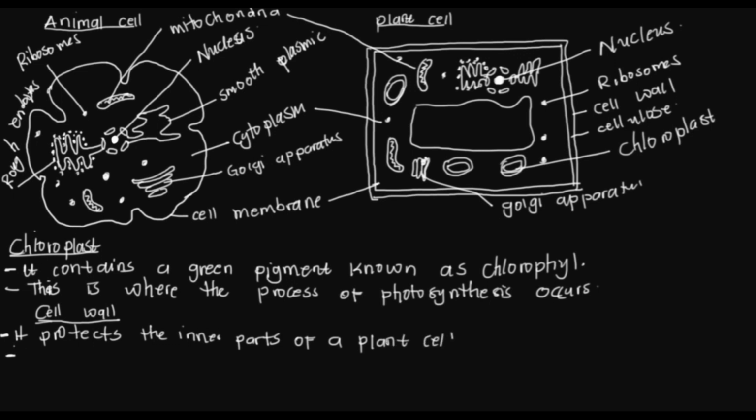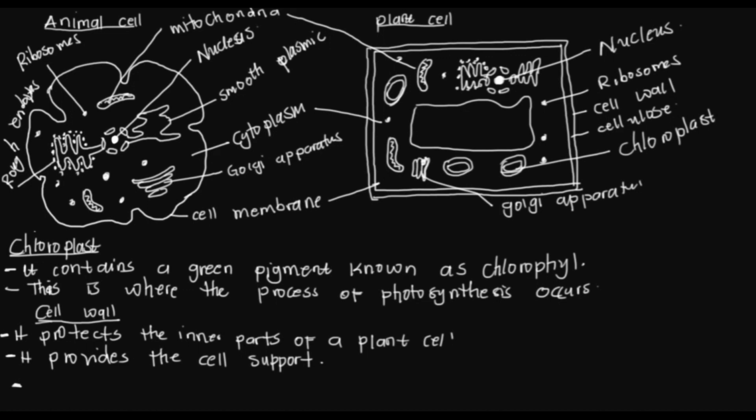Okay, then the second one. As we can see, it is just the outer part. So we can also say it provides the cell with support. It also keeps the cell upright.